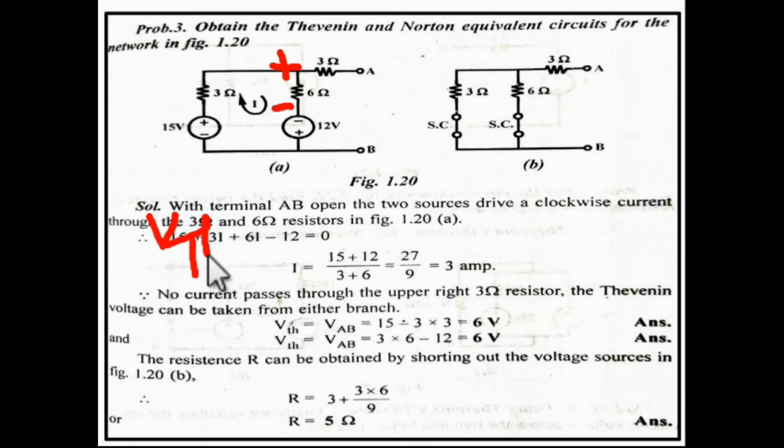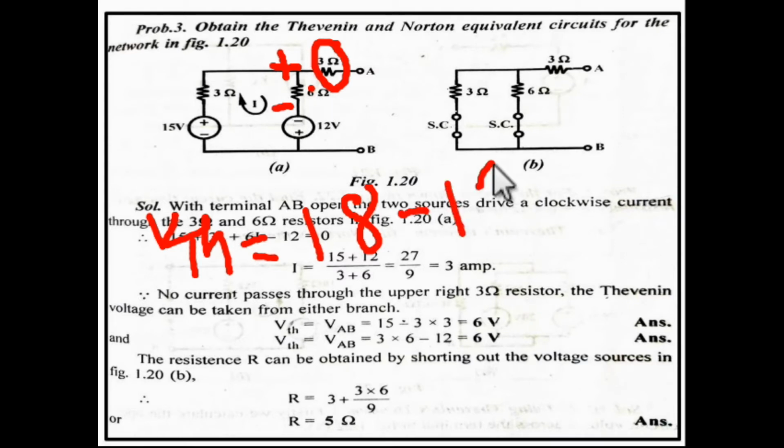See the first resistance, there is no current in this resistance, so the voltage drop becomes 0. Now the voltage drop in 6 ohm is 6 times 3, 18 volt, so plus 18, and then you enter at the negative terminal of the battery, so minus 12, and therefore the VTH is equal to 6 volt.